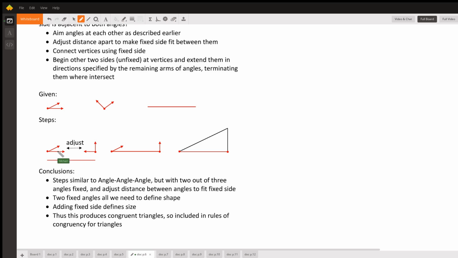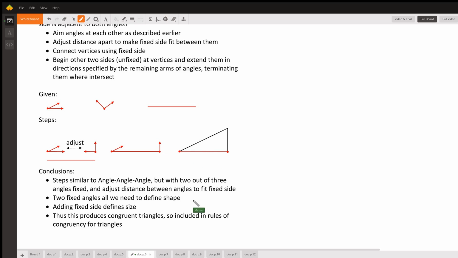Once you got the fixed side in there, then we put unfixed sides here and here and adjust their lengths so that they meet. And there's our triangle.